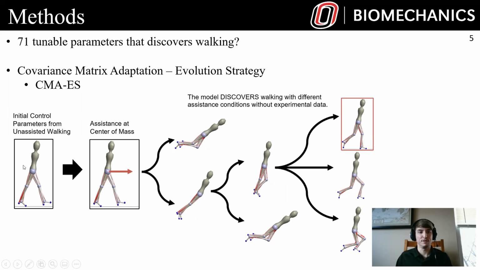So we start with an initial control parameter set and an estimated standard deviation for that. Of unassisted walking, we apply assistance at the center of mass and let CMA run to find a solution. After 8,000 iterations, we discover a strategy that resembles actual walking.